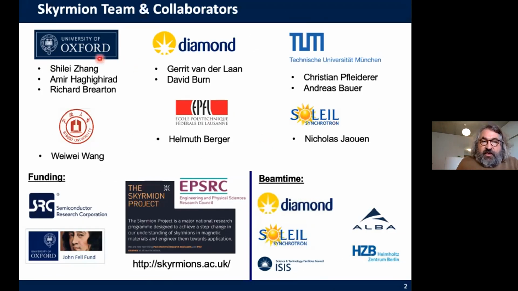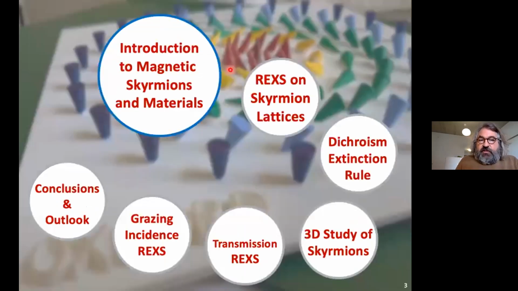Most importantly, Shilai Zhang, who's now a professor at Shanghai Tech University in Shanghai, and Harriet Vanderlaan from Diamond and his group, especially David Byrne. Okay, so I'll start with an introduction to magnetic skyrmions, what they are, which materials host these wonderful objects, and then also what we can do with them.